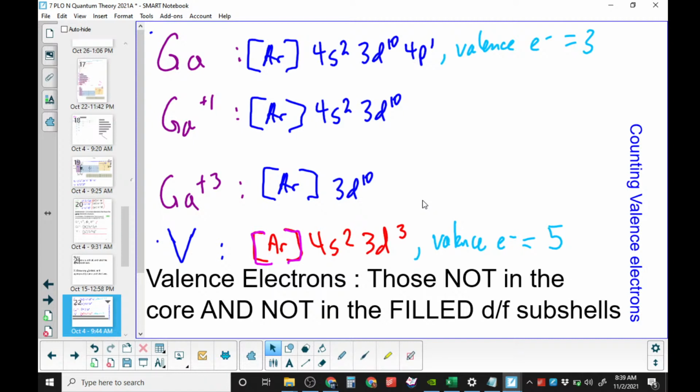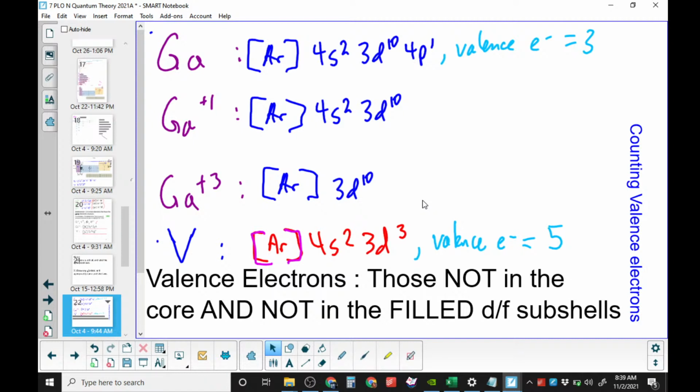And then we go through all the 3ds. And until they're full and we're across, it's part of the valence electrons. But once it's full and we start moving away, then it drops down in energy level. So we take the electrons away in a different order.